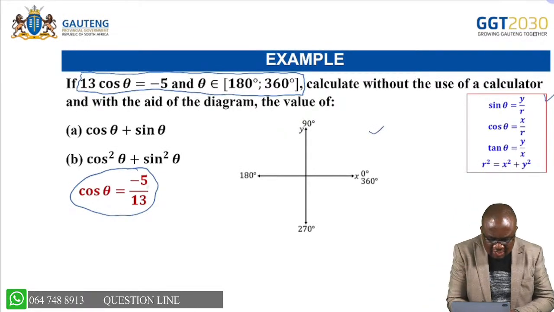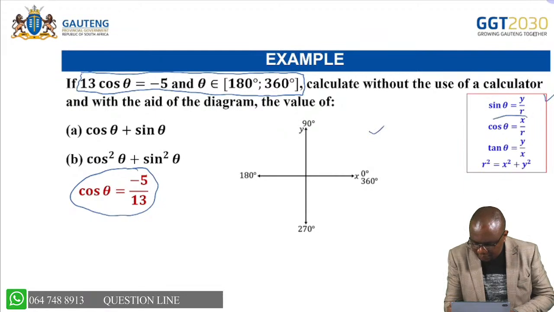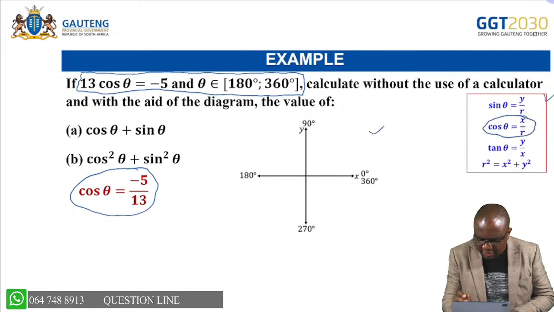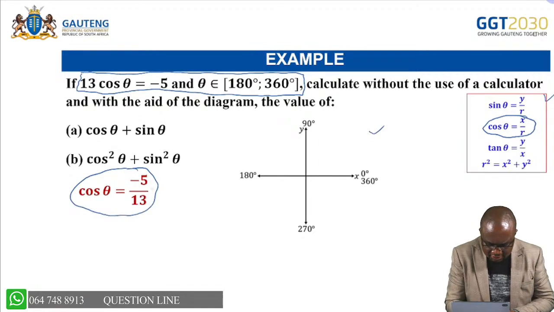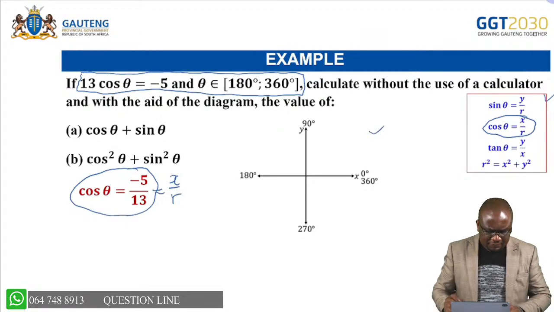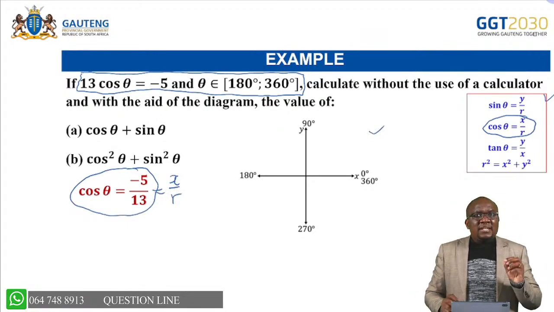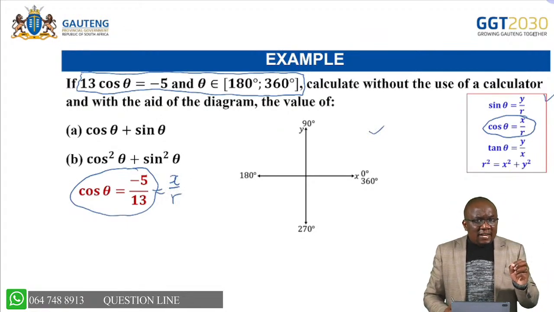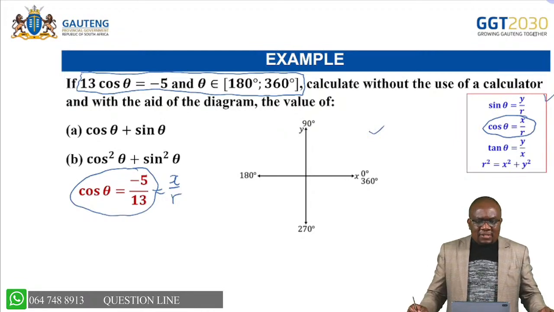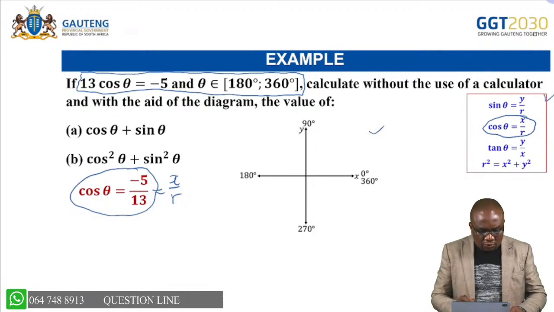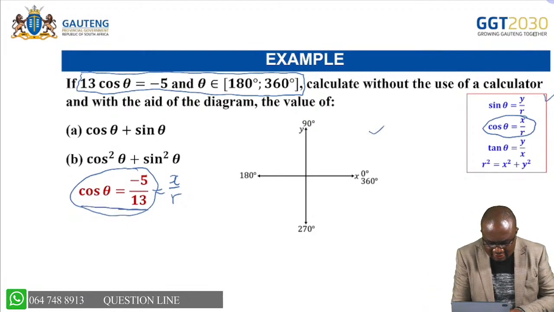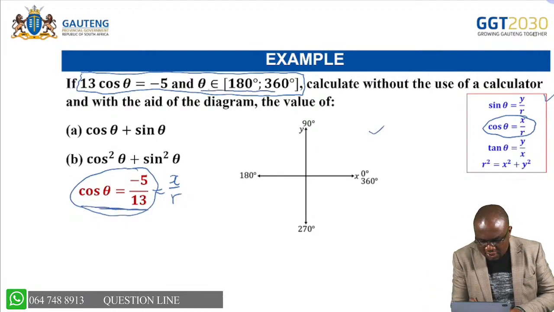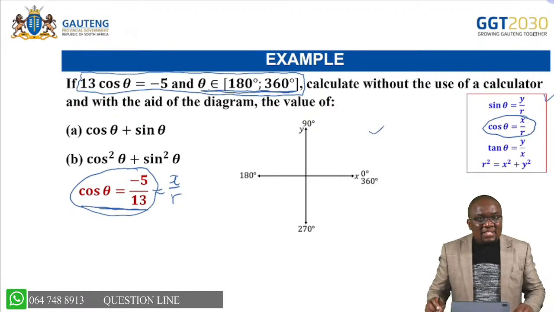So now we said cos theta, this one is x over r. You see that? So it means x, negative 5, is x, and then 13 is r. So now we said which quadrant cos theta is negative, and then the angle must be between 180 and 360 degrees.